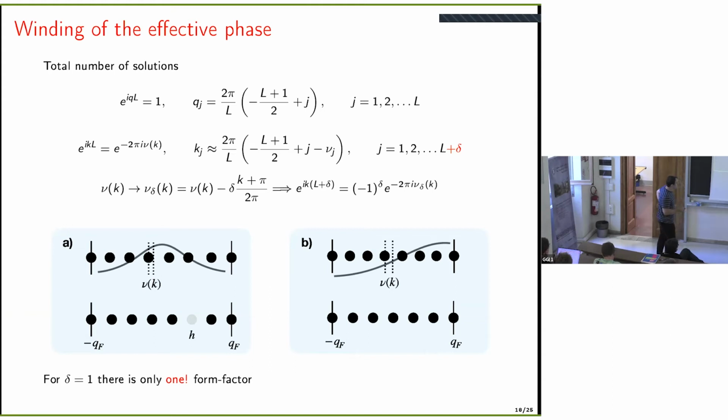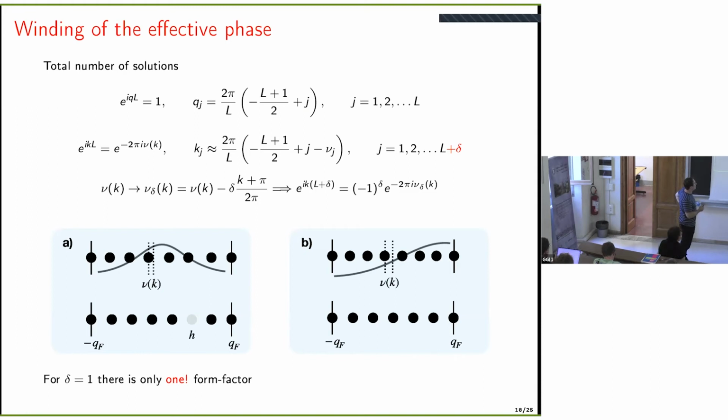Here is a simple proof. We go from a nu that has non-trivial winding to a nu that has trivial winding, which we call nu delta, and then the equation just transforms like this, and the number of solutions is like this.